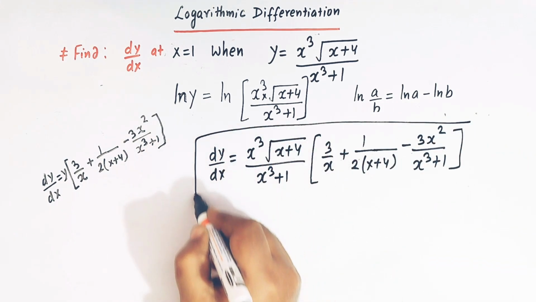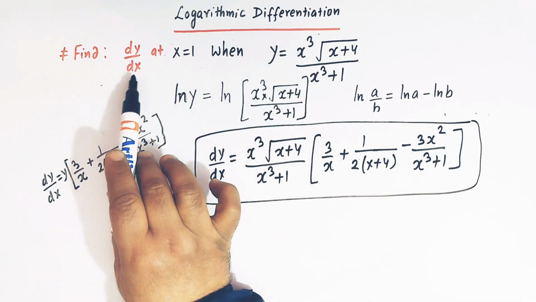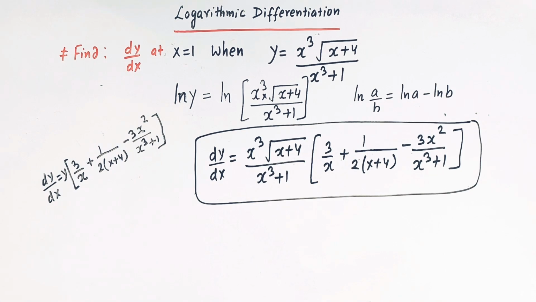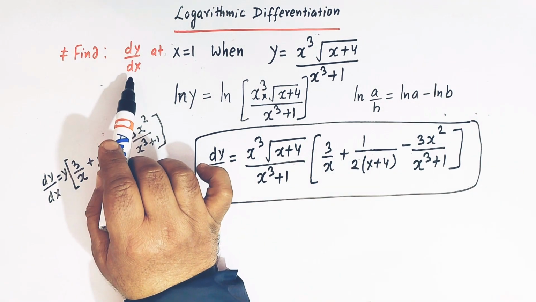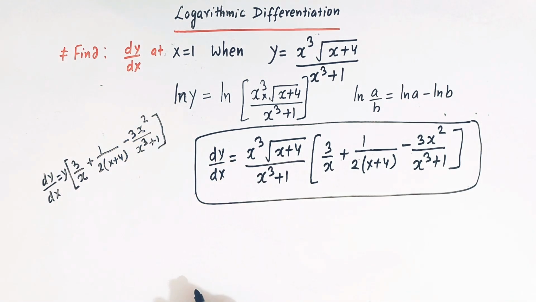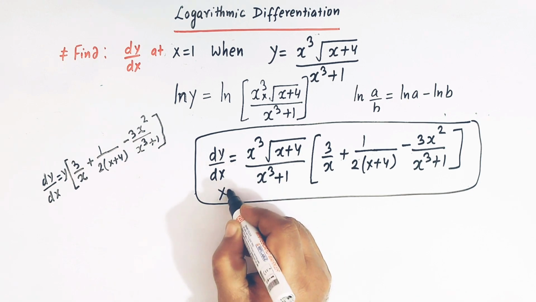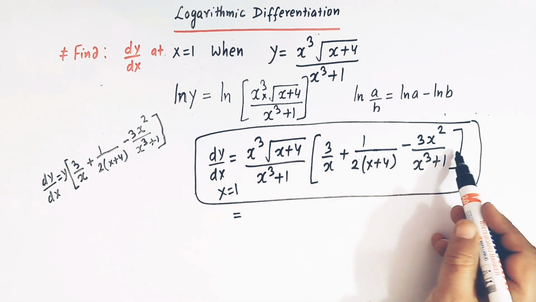So this is the derivative of y with respect to x. Now we have to find the derivative, that is dy over dx at x is equal to 1. So what we will do, we will take x is equal to 1 in this expression.